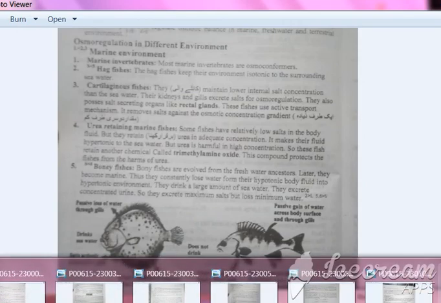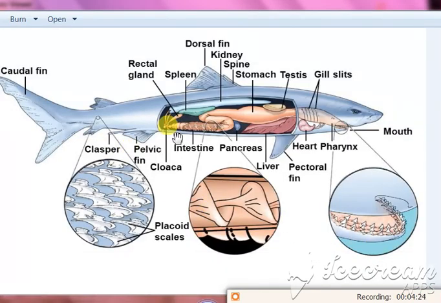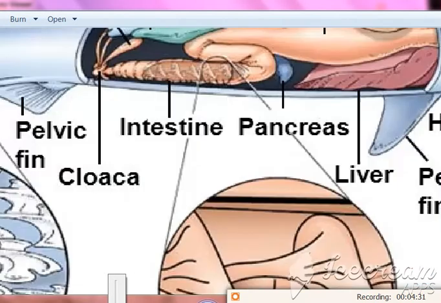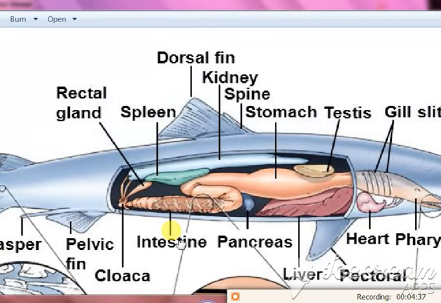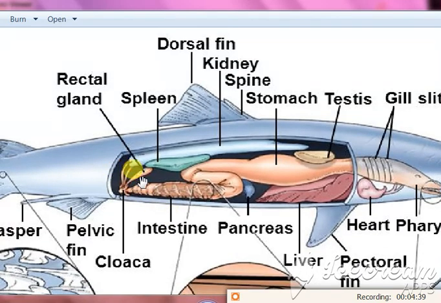You can see these glands, this one. If I zoom in, you can see it clearly. The rectal glands help them to actively adjust the salt concentration in their body.